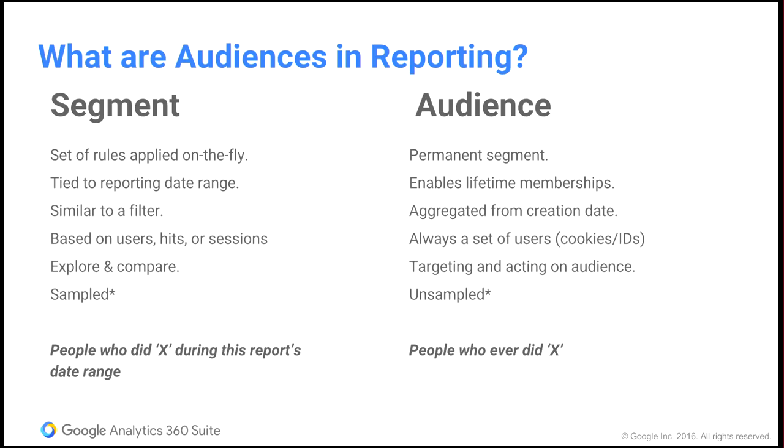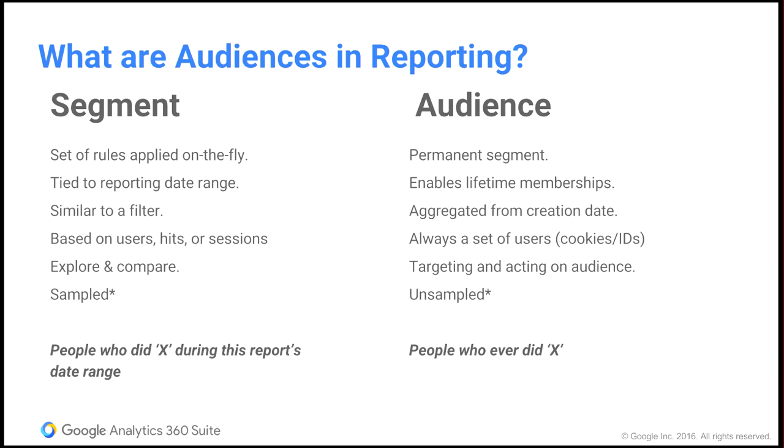They can be based on users, hits, or sessions. They are mainly for exploration and comparison, and they are often sampled. For example, what you're doing with the segment is you're asking, show me people or show me sessions where X happened during this report's date range.